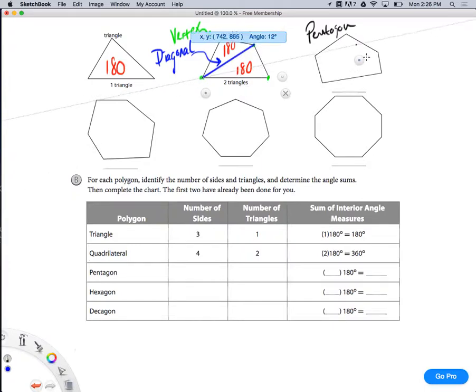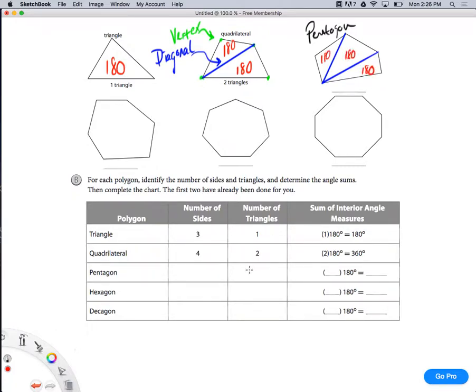All right. So let's draw the diagonals here and see what we get. So there's one diagonal. Here's another diagonal. And I've created how many triangles? 3. So the interior angles of each triangle add up to 180.